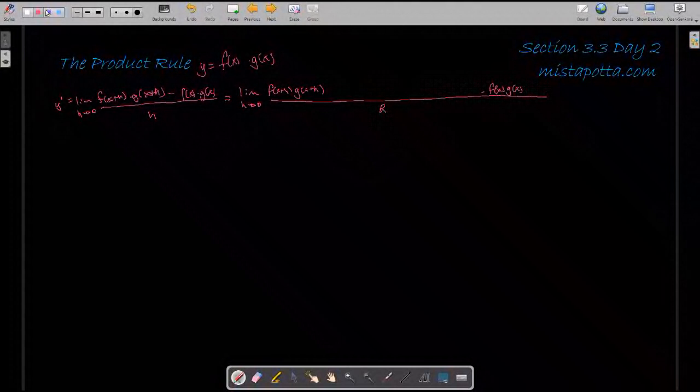And what I'm going to do is add a couple of terms in here. I'm going to add f of x plus h times g of x. And then I'm immediately going to subtract it.